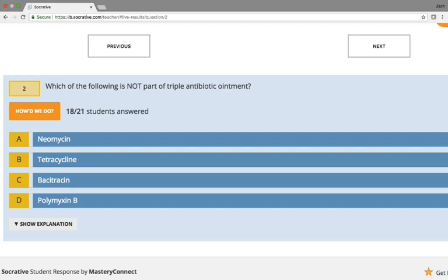What do we mean by that term? Broad versus narrow spectrum. Can somebody give a definition or an example or a description? Yeah, that's probably the simplest definition.